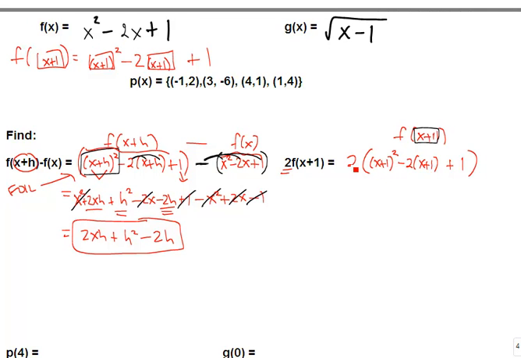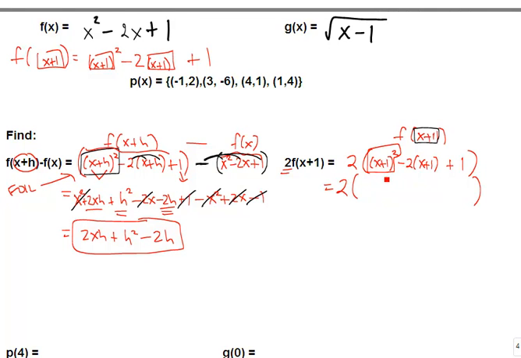So we want 2 times all of that stuff. Now, because of order of operations, when we go to simplify this, you want to make sure that you simplify everything in these parentheses first before you multiply by that 2. So when I go to distribute here, we're going to do that last. Leave the 2 out front for now, and to clean this up, we're going to want to do this squaring first.